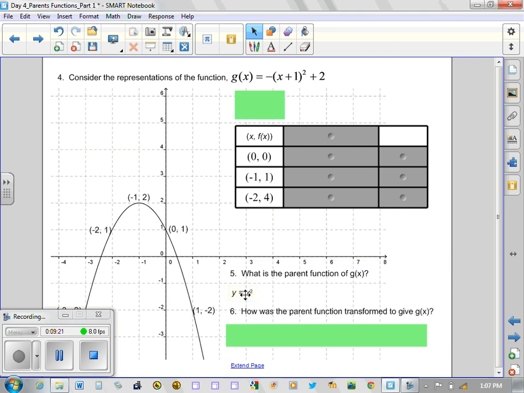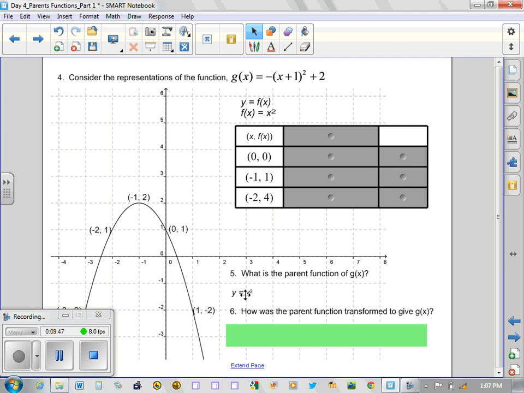So what we'll do is, using our function notation, we'll let y be f at x, and so f at x is equal to x squared. And you can test that idea. You can see that 0 squared is 0, that -1 squared gives you 1, and that -2 squared would give you 4.